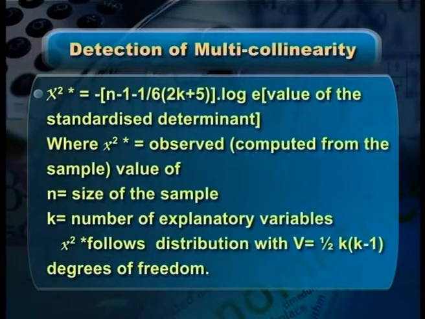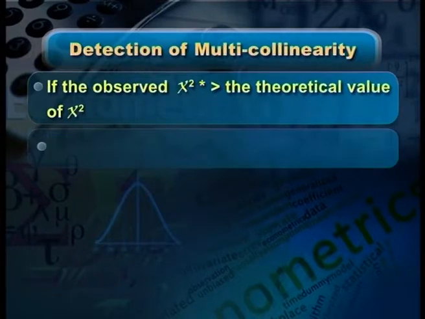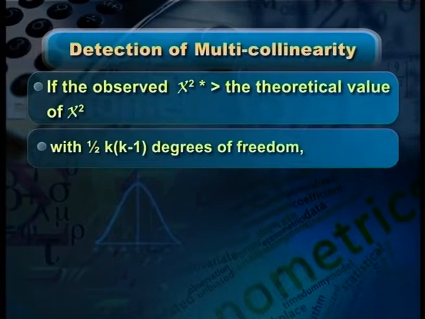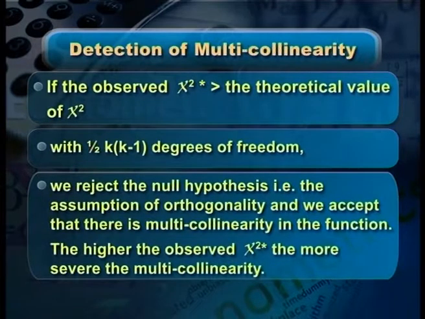Chi-square star follows a chi-square distribution with v equal to 1/2 k(k minus 1) degrees of freedom. If the observed chi-square star is greater than the theoretical value of chi-square with 1/2 k(k minus 1) degrees of freedom, we reject the null hypothesis, that is the assumption of orthogonality, and we accept that there is multicollinearity in the function. The higher the observed chi-square star, the more severe the multicollinearity, and conversely.